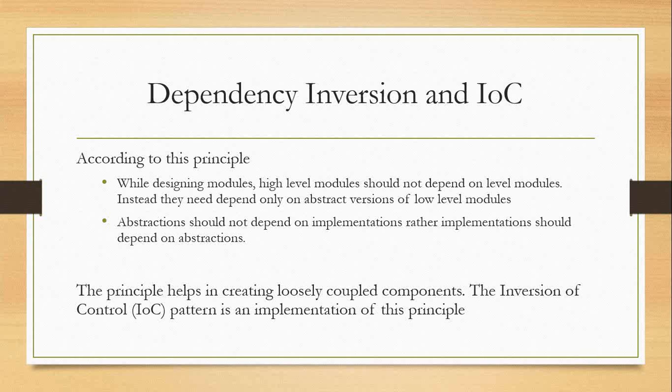Instead, they will depend only on the abstract versions of the low-level modules, and abstractions will not depend on implementations. Rather, the implementations would depend on abstractions. So, with this particular guideline, we will go ahead and start seeing how can we adopt the DIP principle in all our software design creations.